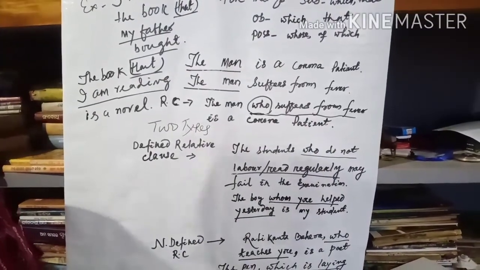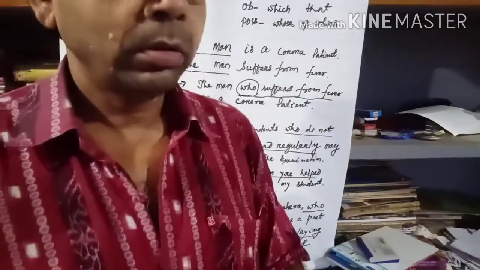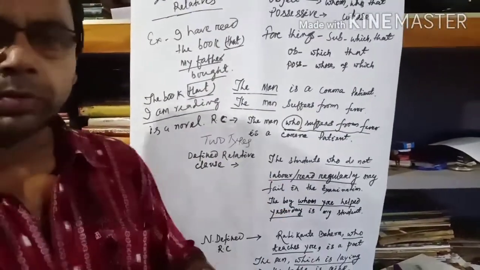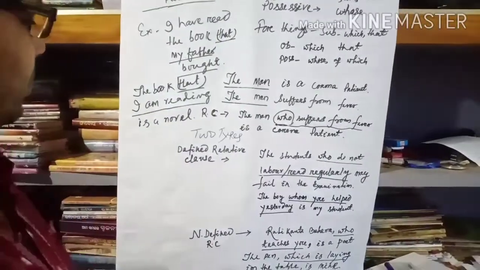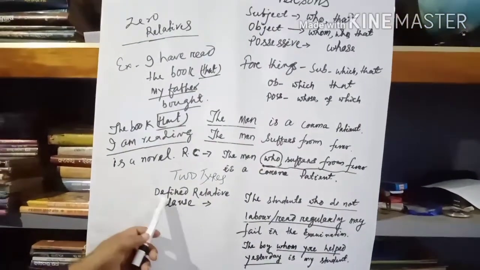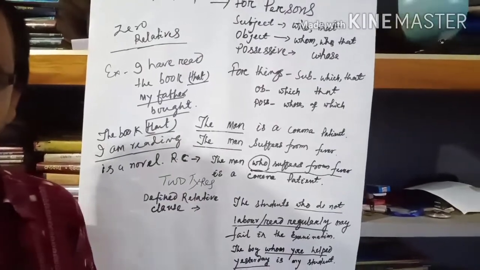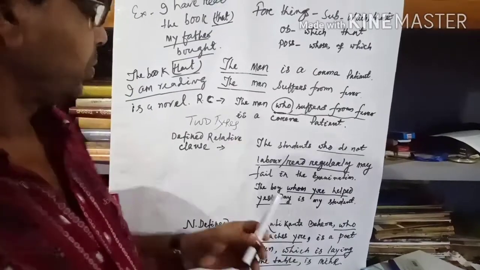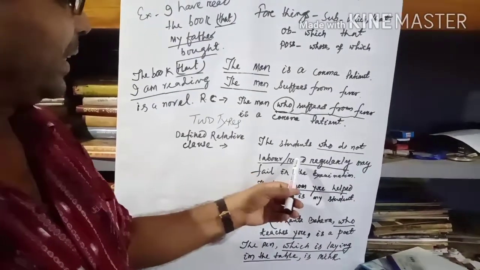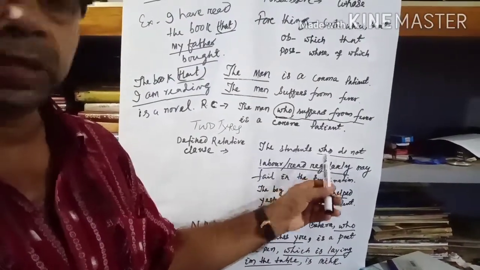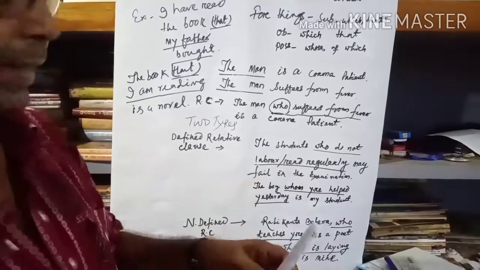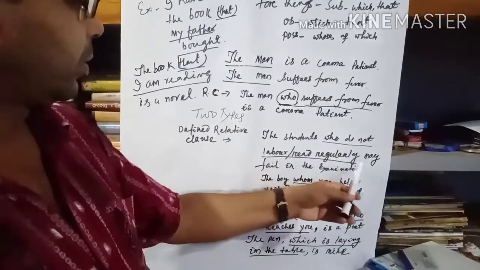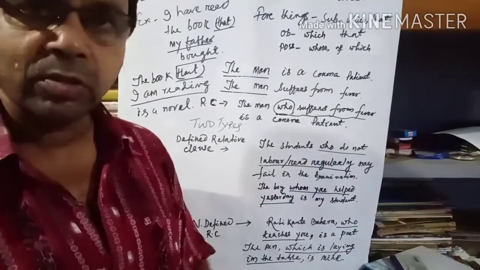Next, come to the point, the types of relative clause. The relative clause is divided into two parts. The first one is the defined relative clause. Before we go to know the defined relative clause, we must come to the example I have given you. You see the sentence, the students who do not labor or read regularly may fail in the examinations.